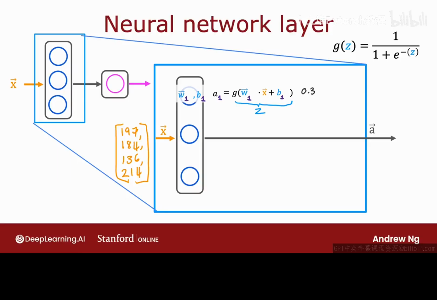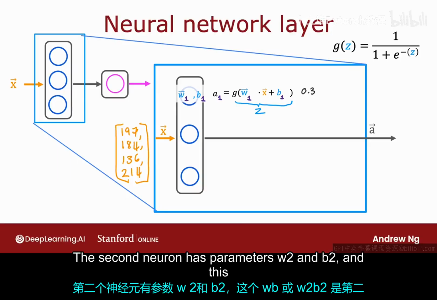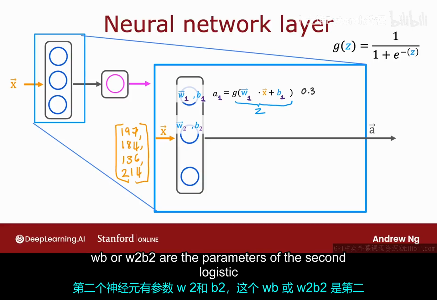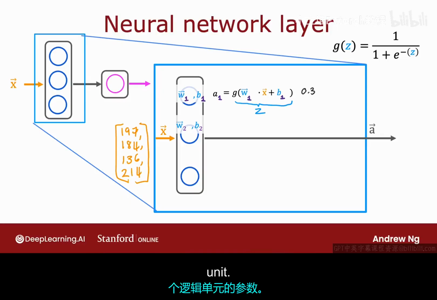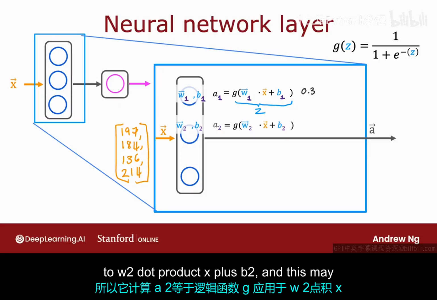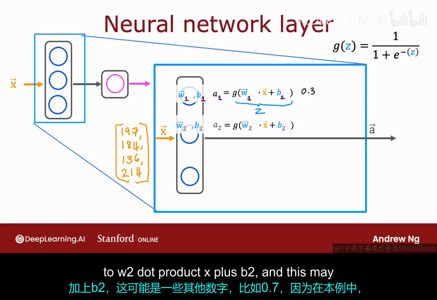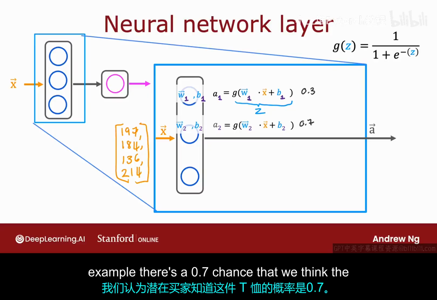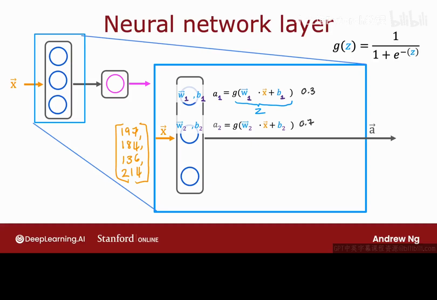Now let's look at the second neuron. The second neuron has parameters W2 and B2, and these W2, B2 are the parameters of the second logistic unit. So it computes A2 equals the logistic function G applied to W2 dot product X plus B2, and this may be some other number, say 0.7, because in this example, there's a 0.7 chance that we think the potential buyers will be aware of this t-shirt.